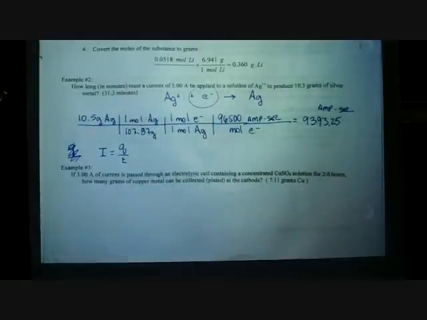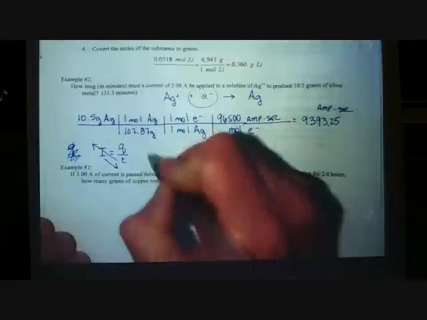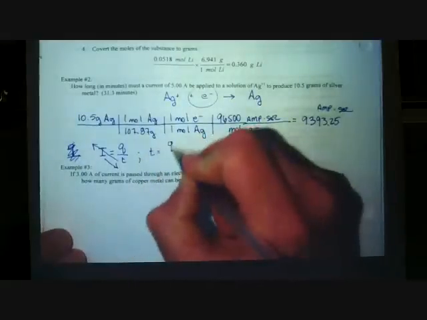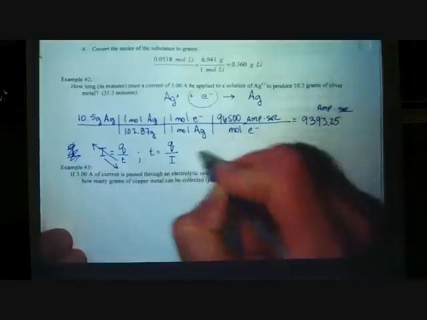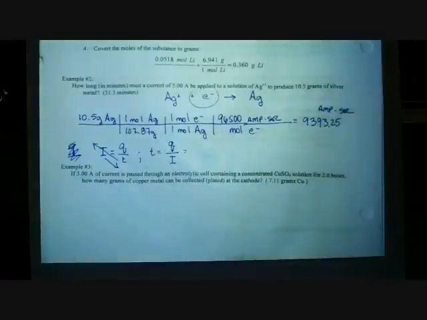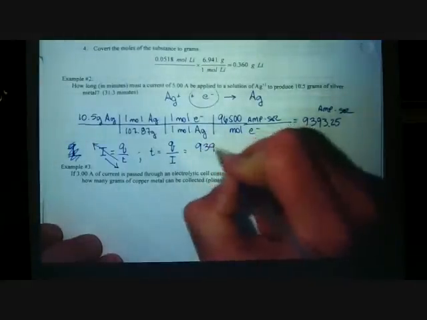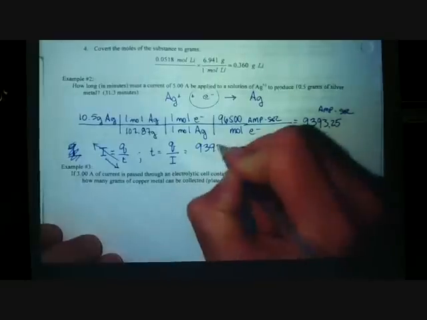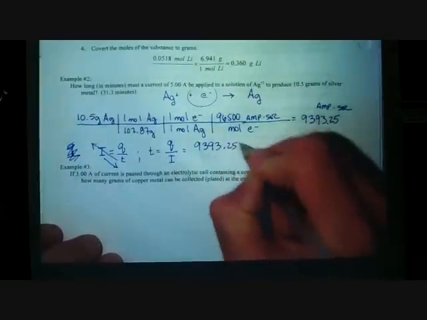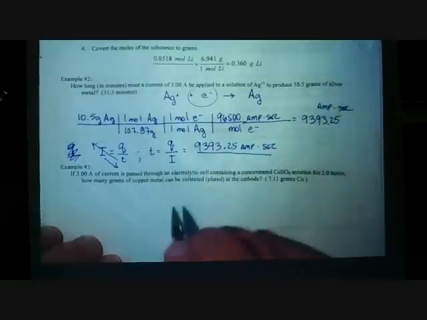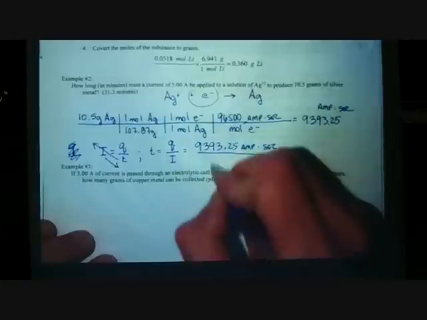So what we need to do is rearrange this to find out what the time is. So I'm going to have time and the charge switch. Now I have this equation where time is equal to Q over I. And then I can plug in my 9,393.25 amp seconds over my current, which was 5 amps.